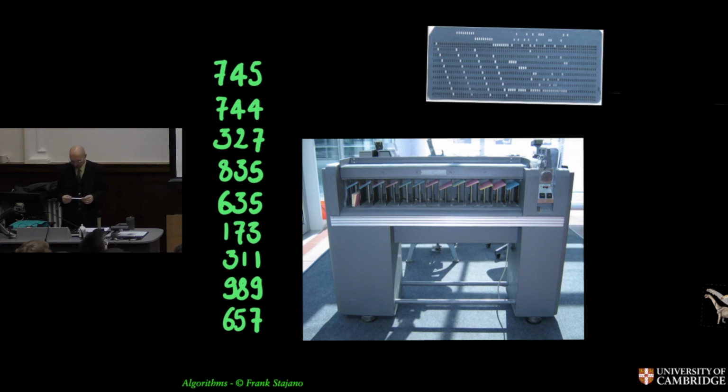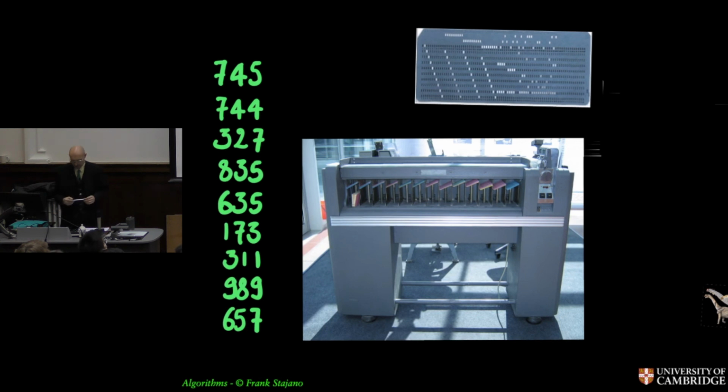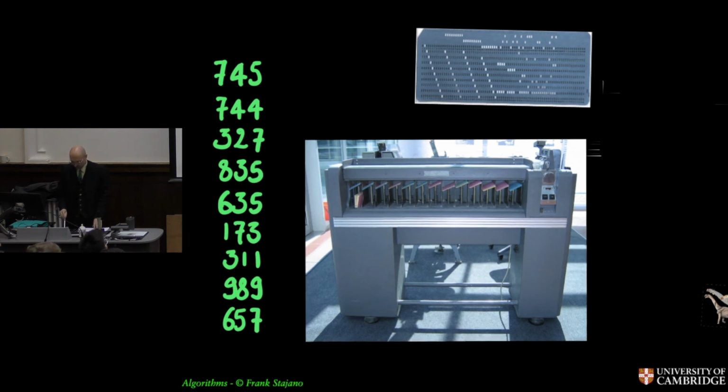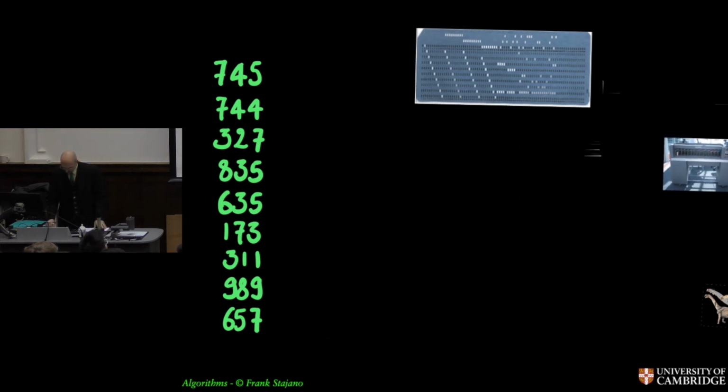For example, splitting them up by a specific column you would then indicate, and putting them in order. So all the ones that in the column you designate had a 0 would go here, all the ones with a 1 would go here, all the ones with a 2 would go here. And you could then collect the packs sorted by the value they had in the column you had specified.